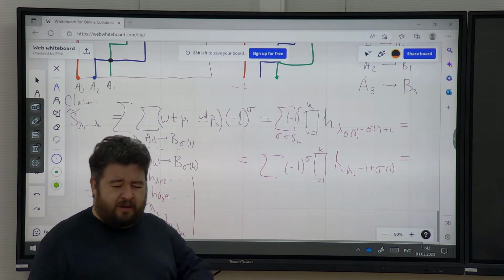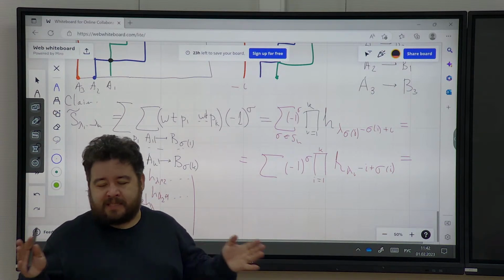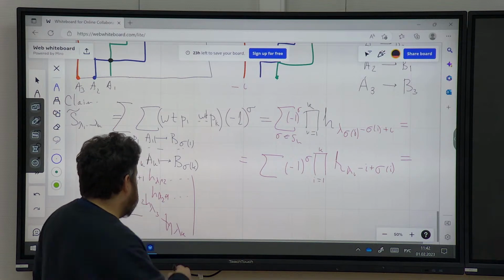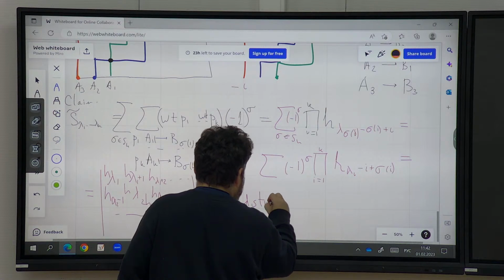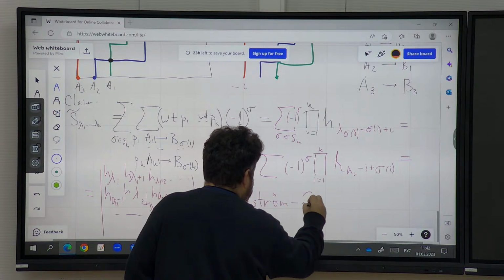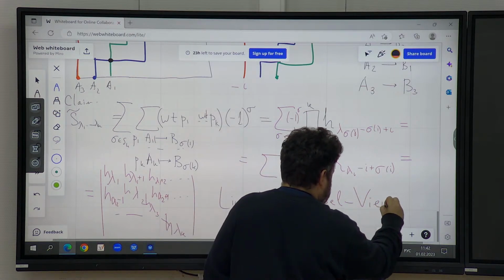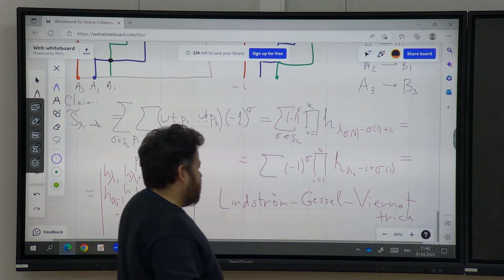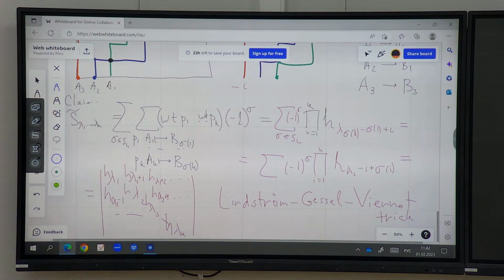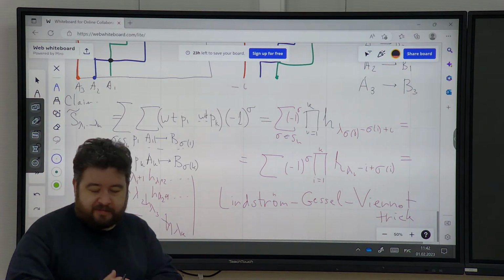Later it was reinvented and applied to combinatorics, and people massively applied it to combinatorial problems, and it's usually called the LGV lemma, Lindström, Gessel, Viennot. So this is the trick with flipping the paths.